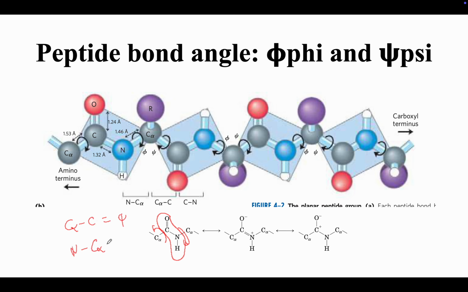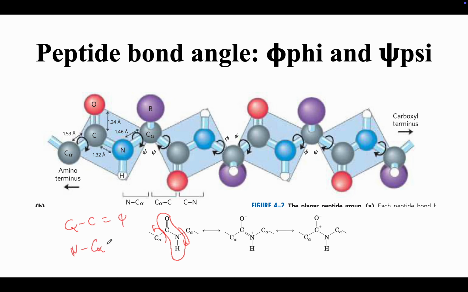Different secondary structures like parallel beta sheets, anti-parallel beta sheets and alpha helixes will have different dihedral angles, and as you can see here, these are the different values of the dihedral angles. So for alpha helix we have the phi angle to be minus 57, whereas the psi angle here is minus 47 degrees.